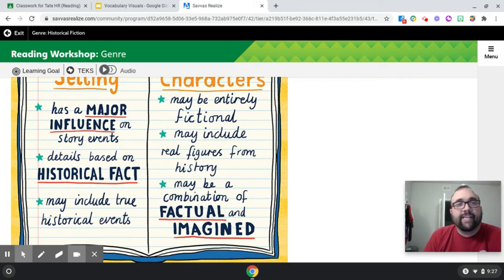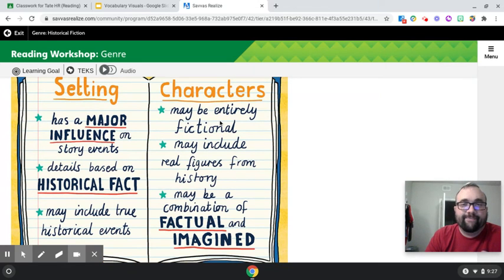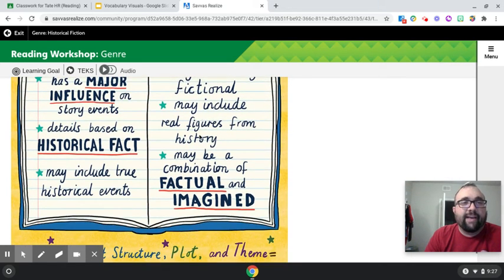And then the characters, they may be entirely fictional. These characters might not have ever existed. And then they may include real figures from history. Remember how one of our friends said they can have fake characters, but they can also have real characters? And then may be a combination of factual and imagined.